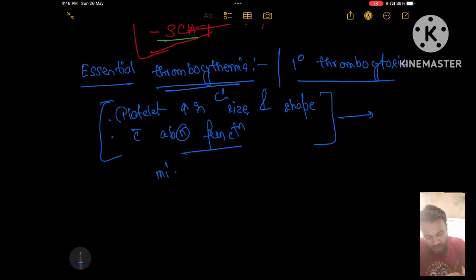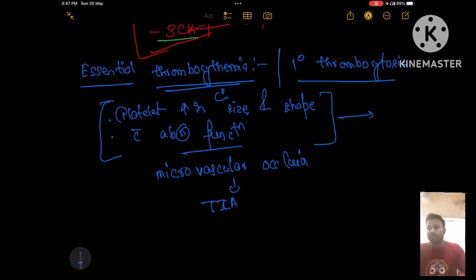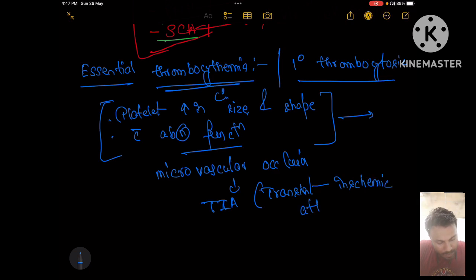Then it causes microvascular occlusion. It causes TIA, transient ischemic attacks.